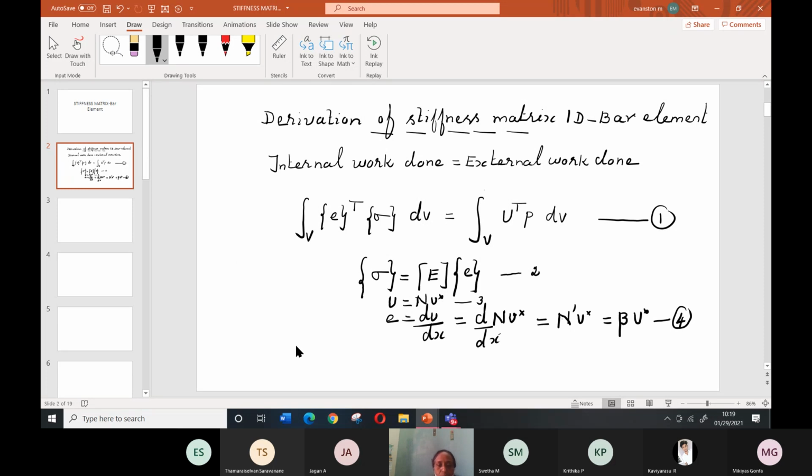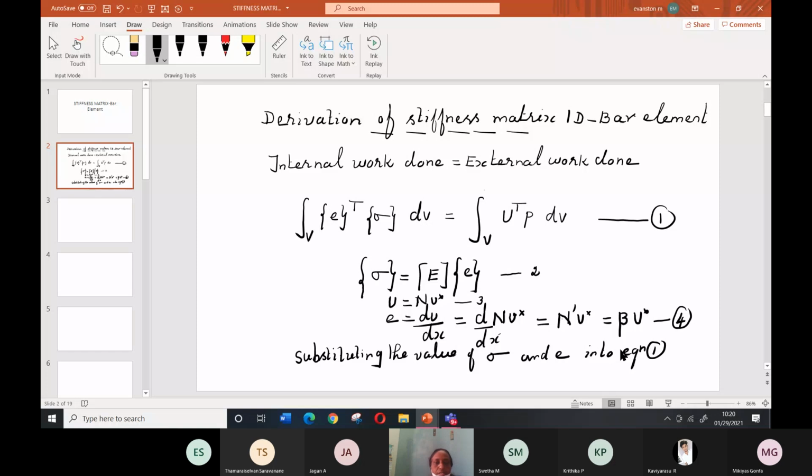So substituting the value of sigma and E into equation 1.